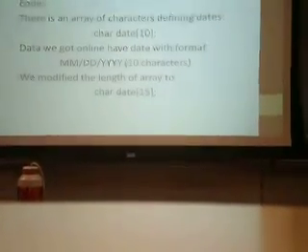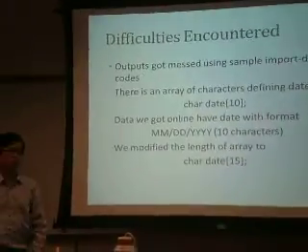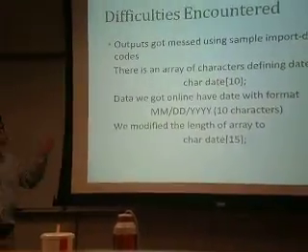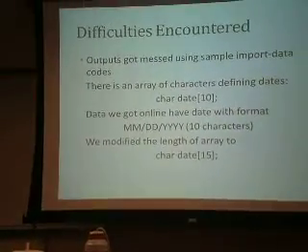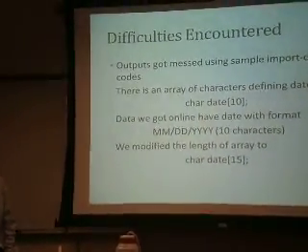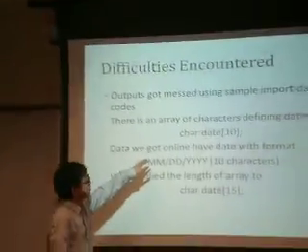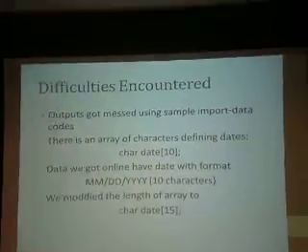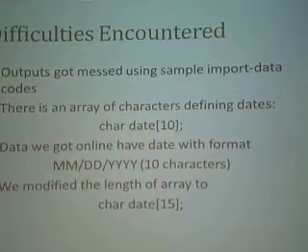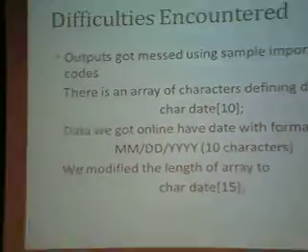Next slide. The next problem we encountered is the output for part 1. It got masked when using the sample input data code, because the original code has one line, char date 10, an array of characters defining dates.